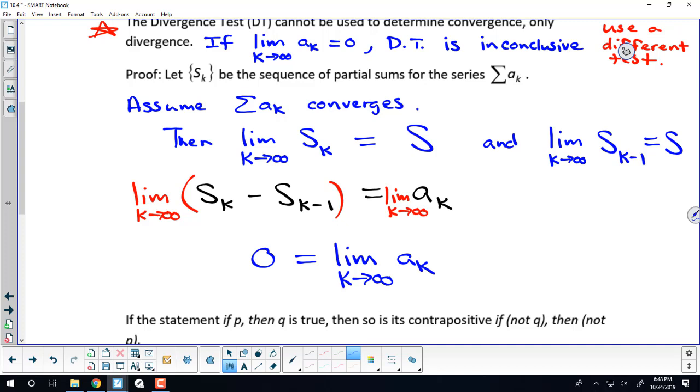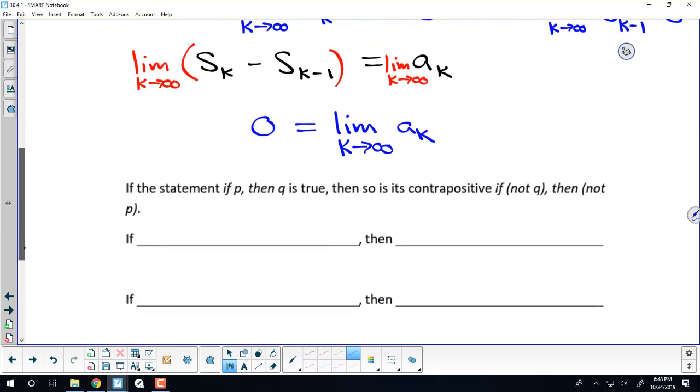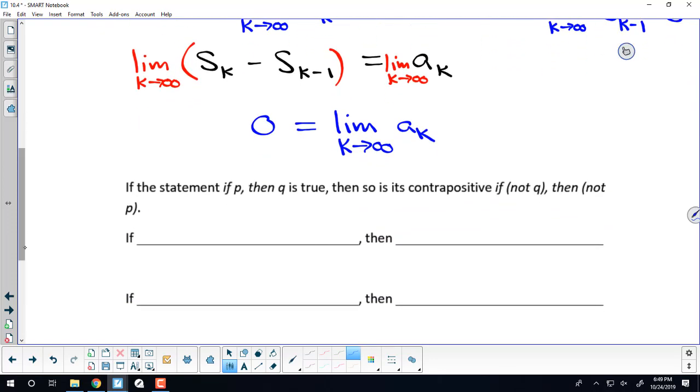But again, in practice, we're actually looking at the contrapositive of the divergence test. Remember, if you've got a true statement, the contrapositive is always true as well.